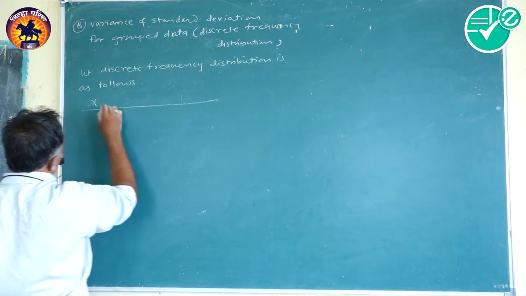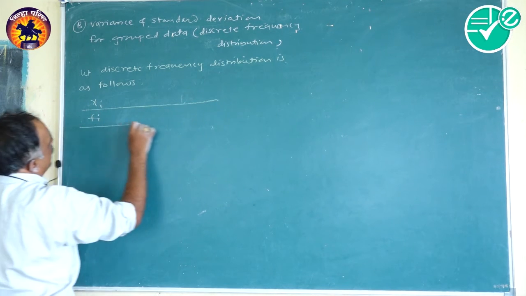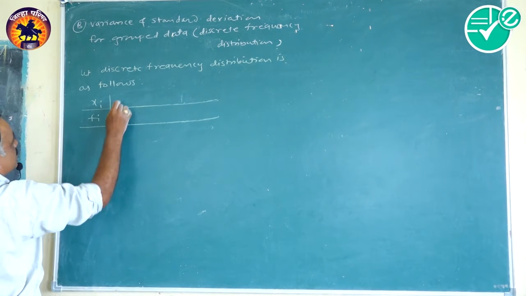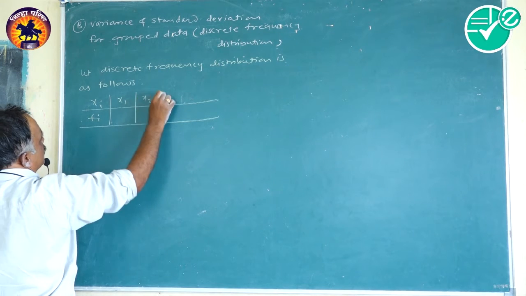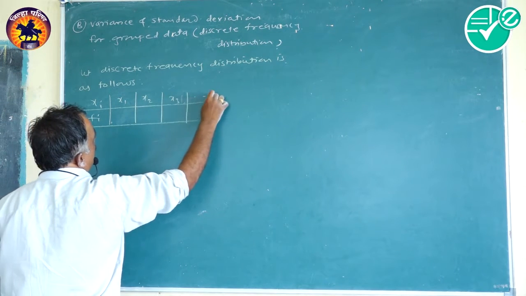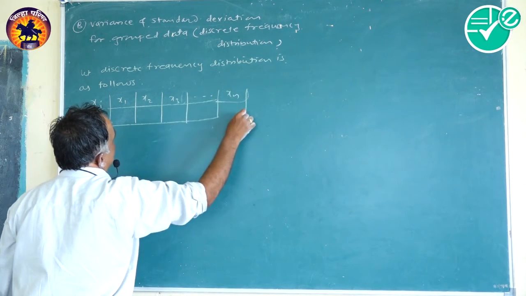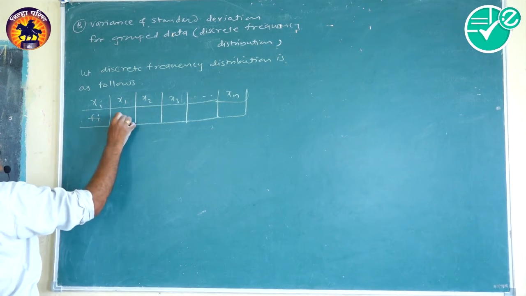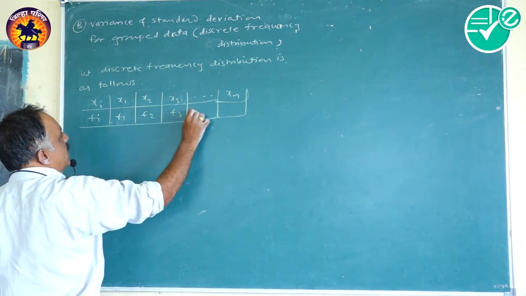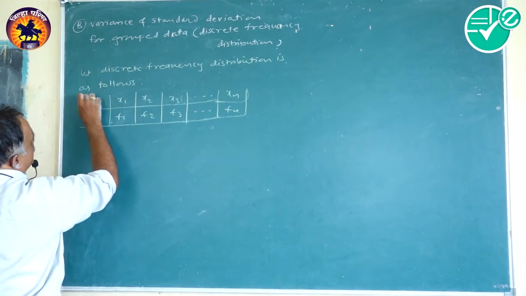Xi's and their frequencies fi. x1, x2, x3, dot dot up to xn. Let their frequencies be f1, f2, f3, dot dot up to fn.